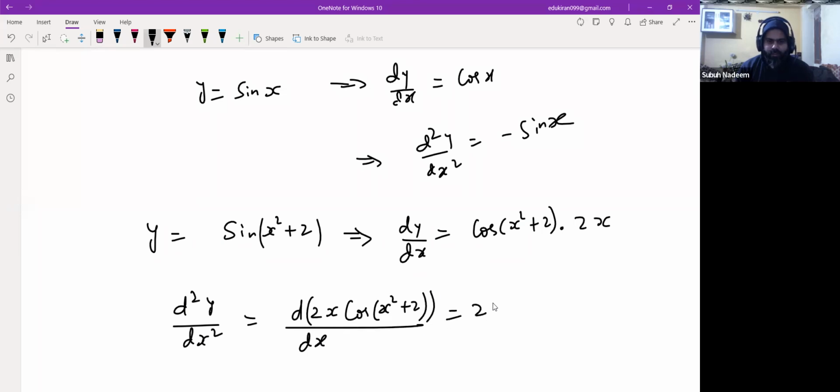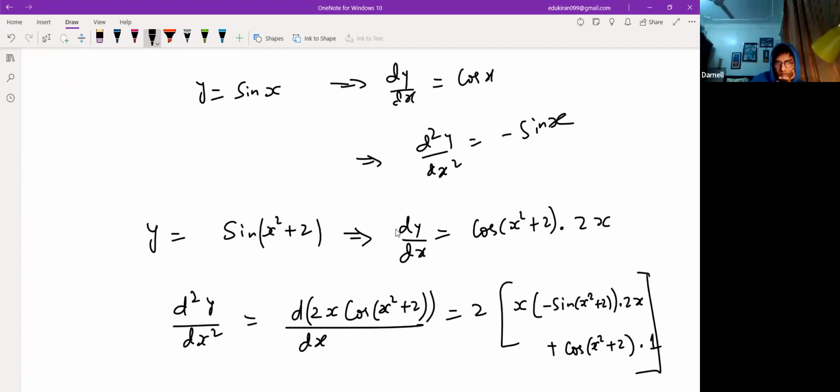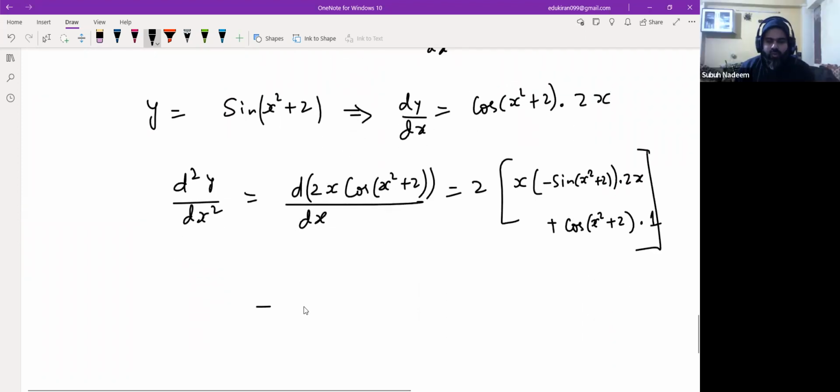So 2 will come outside and you will apply the product rule. So x will be there, and differentiation of cos of x square plus 2 will be minus sine of x square plus 2, and the derivative of x square plus 2 will be 2x. Then plus cos of x square plus 2, and differentiation of x will be 1. Are you following this? Yes. Okay. So the final answer would be 2.